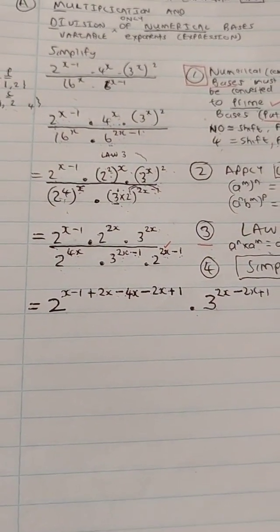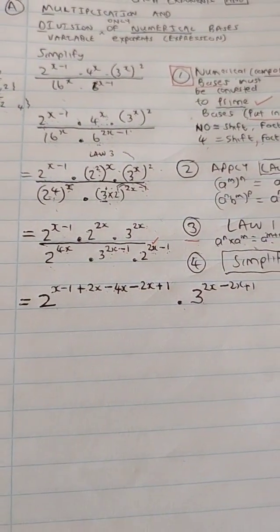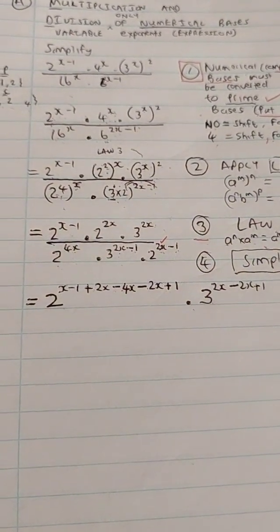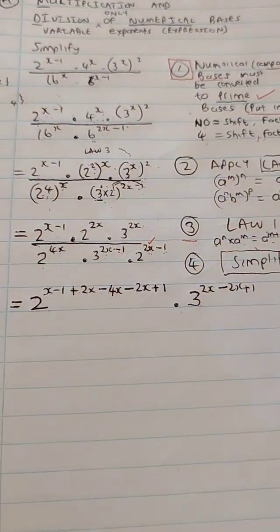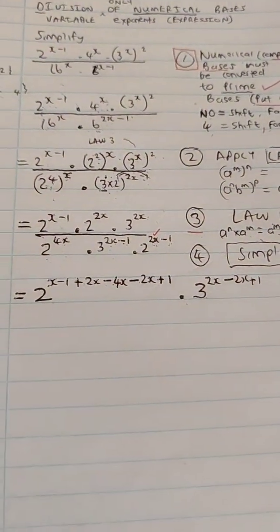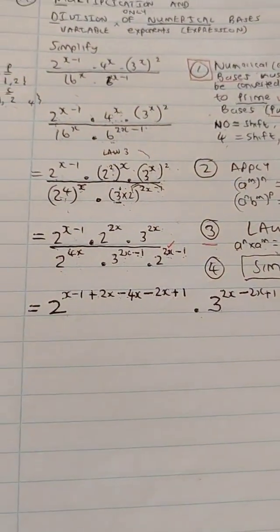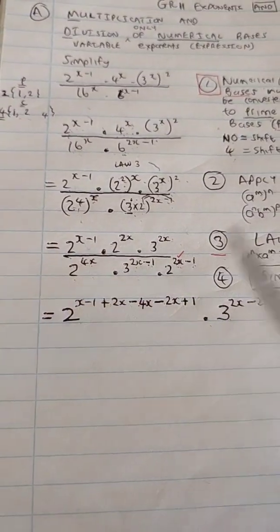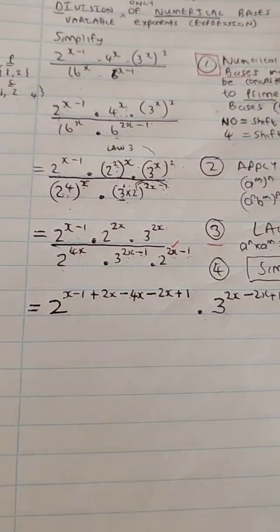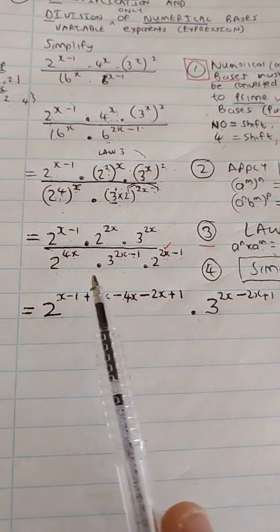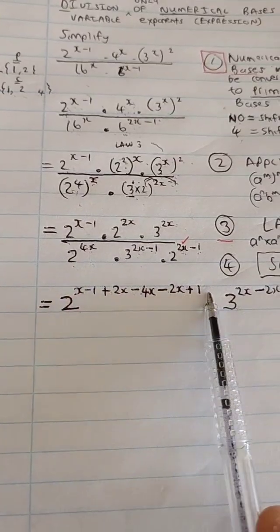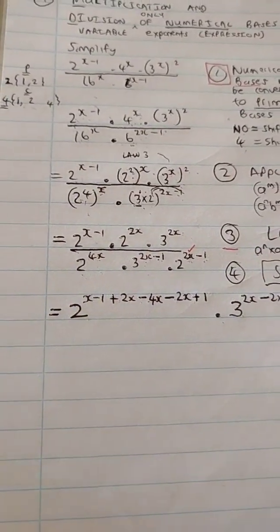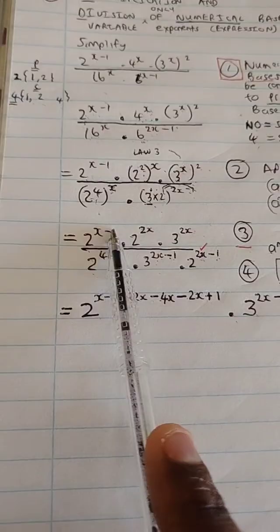Ms. Zim is saying that applying law number 1 will help with avoiding sign mistakes. But remember, at the end of the day, it will depend on that particular learner. Yes, of course, some learners may find it quite daunting maybe, to actually do the application of law number 1 and 2 all at once. Because here, we've applied law number 1 and 2 all at once. 2 to the power x minus 1.